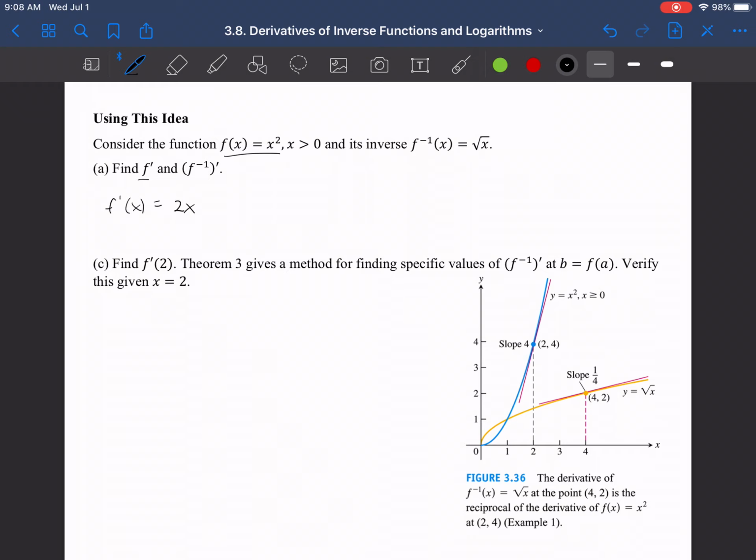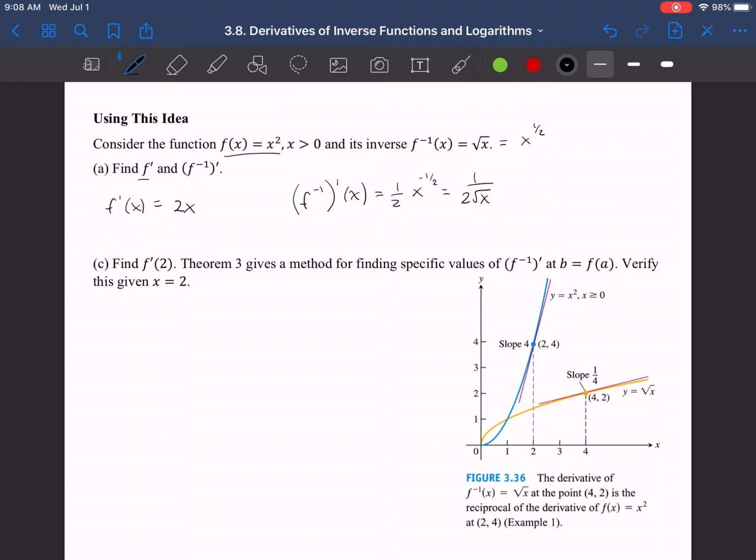So now the derivative of the inverse, f inverse prime of x, remember this is x to the 1/2. So we bring the 1/2 down and then we subtract 1, okay? Which makes this 1 over 2 root x. 1/2 power is a square root, and the negative exponent means reciprocal. So there we go.